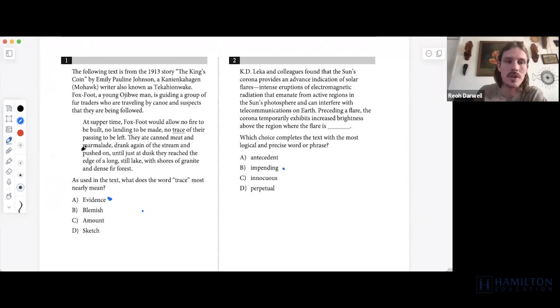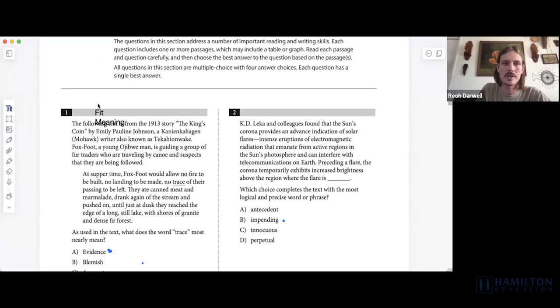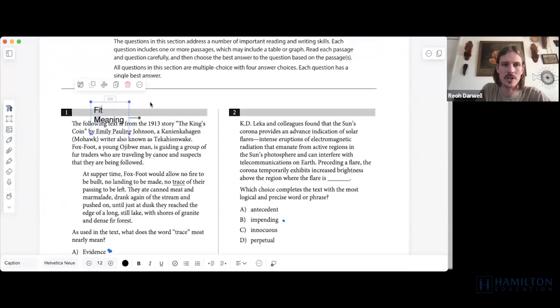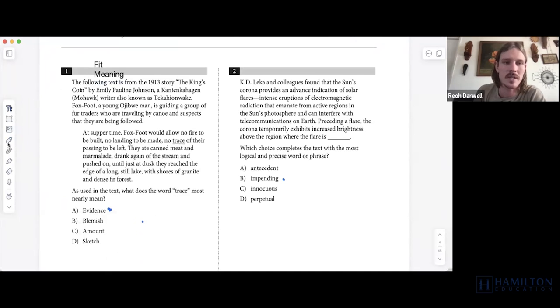There are two things I want us thinking about when we work on one like this. We need it to fit the context, but we also need it to match the meaning. Okay, so it is insufficient for us to just have it mean the same thing or just to fit in the context. If you miss this question, it's likely you didn't do one of the two.